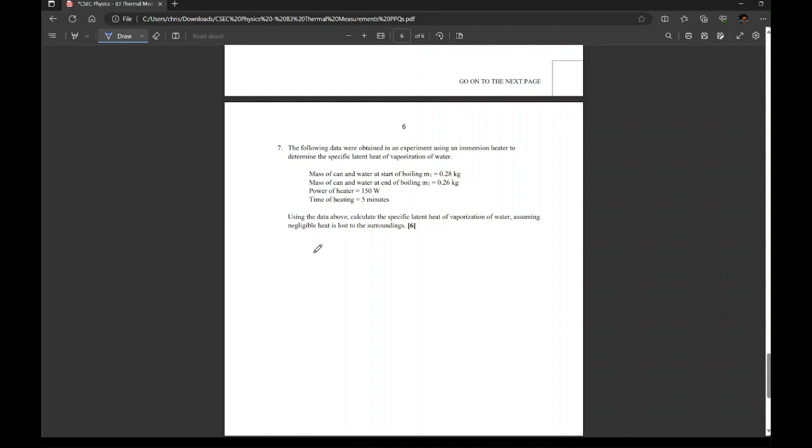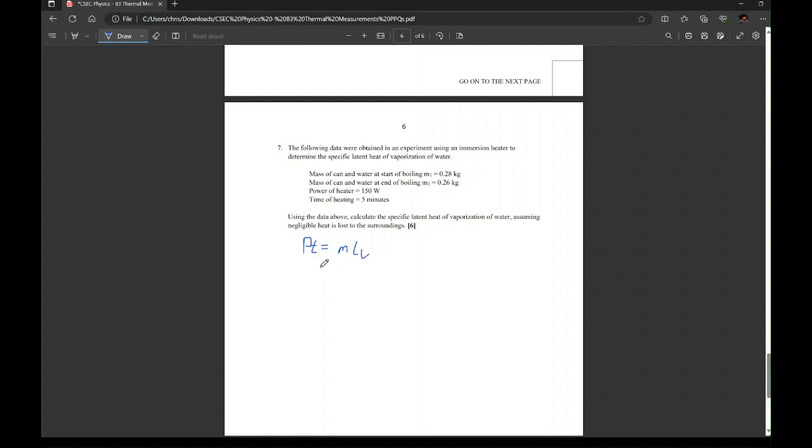So then we can write this equation: power times time is equal to m L_V. What this is saying is that the energy supplied by the heater is the energy that the water used to vaporize, right? So we can use this to calculate the constant, which is the specific latent heat of vaporization.